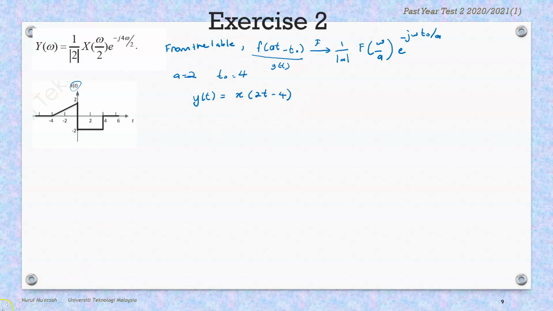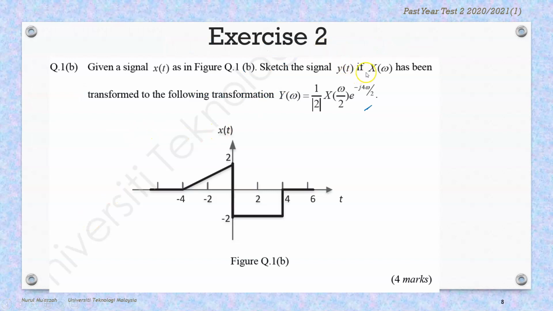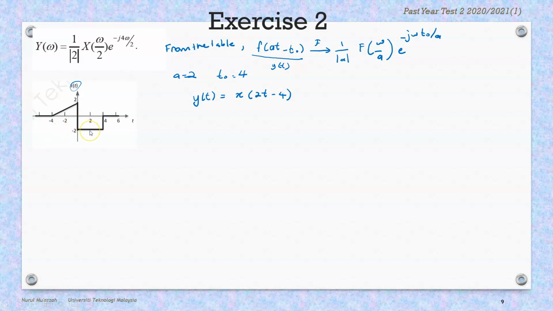The question here asks you to sketch the signal yt. Basically, you just need to use the knowledge that you have obtained from the first chapter, which is the time transformation. So we have xt here. What we can do is we put this as tau, and the times involved are negative 4, 0, and also 4.